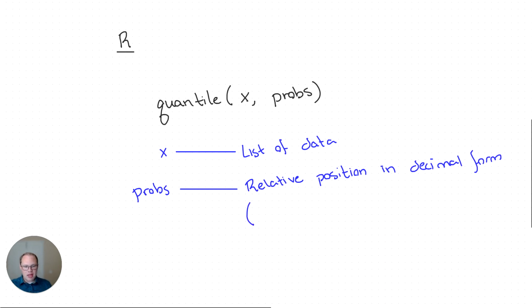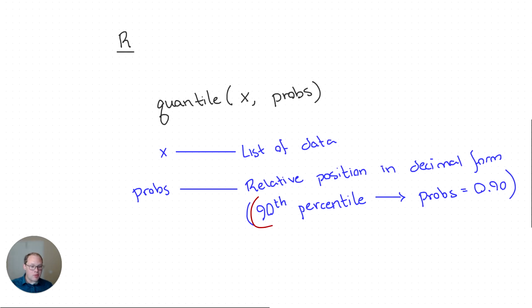So if I have, say, 90th percentile, if that's what I want, like I did in the example above, then what I would put in for that probs argument is probs equals 0.90. So just like if it's 90%, we convert that to 0.90. It's the same idea here. If we're interested in the 90th percentile, 90% is a decimal 0.90. Okay? So let's take a look at an example and see this function in action.